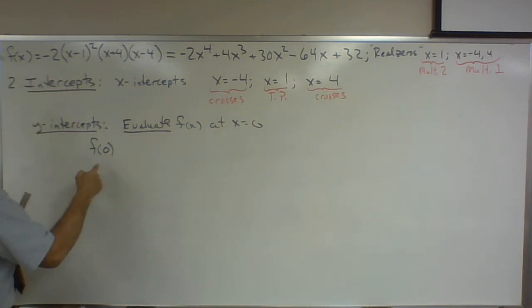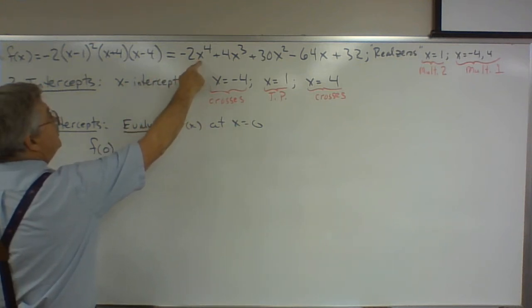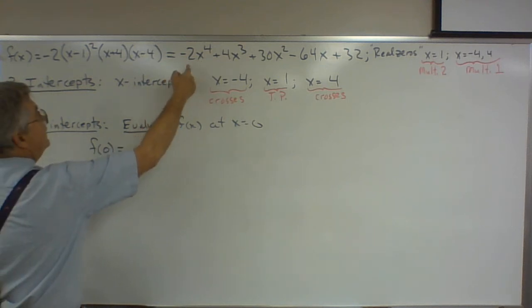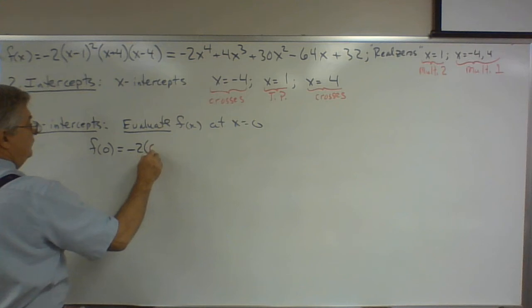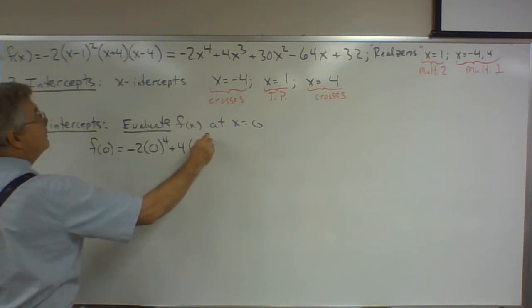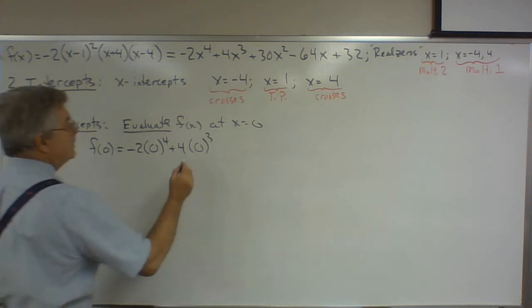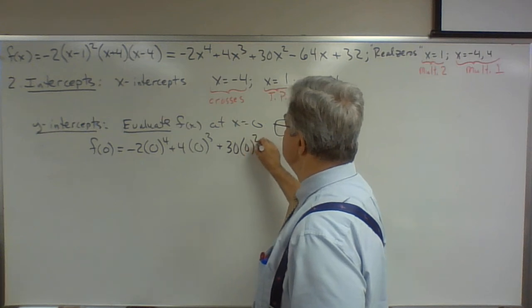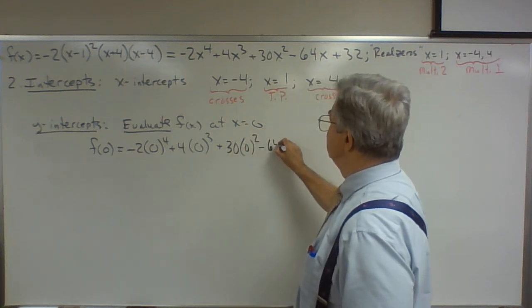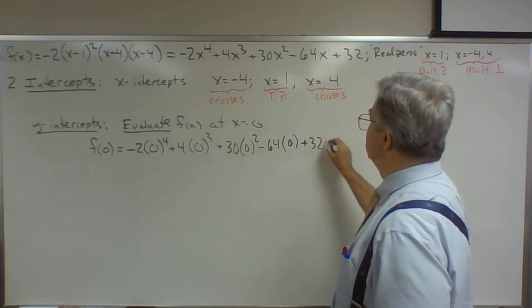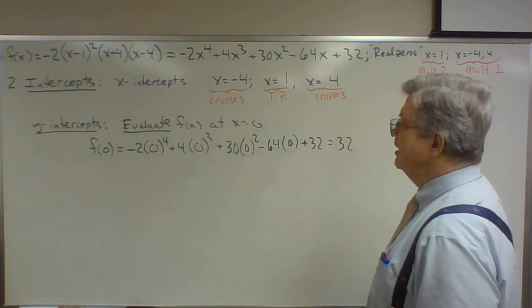So I'm going to plug 0 into f of x, and use the expanded or standard form. -2 times 0 to the 4th plus 4 times 0 cubed plus 30 times 0 squared minus 64 times 0 plus 32 is 32.